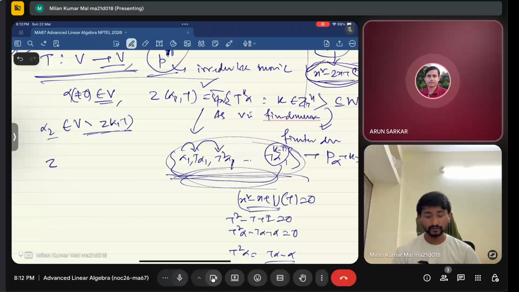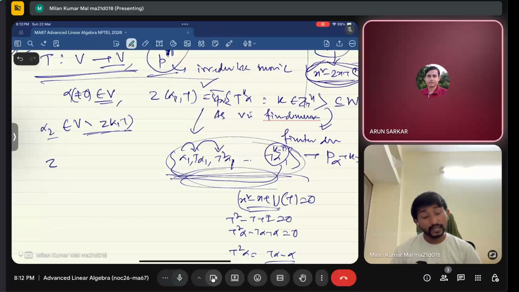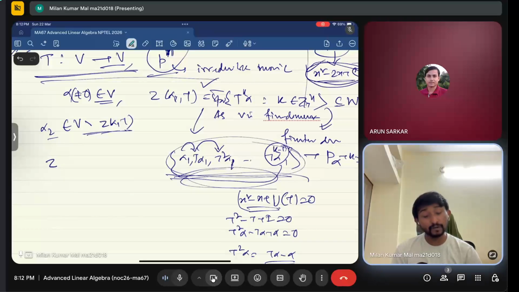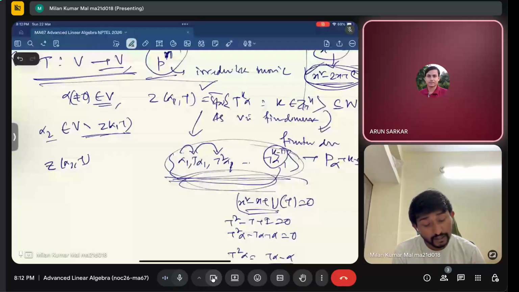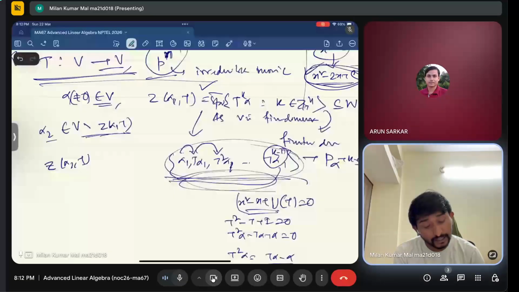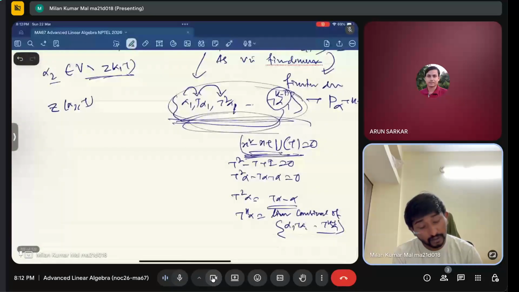That will go up to some power. That power may vary. That power depends on alpha 1, right? Because the minimal polynomial is the biggest, but it can be lower. The minimal polynomial is a polynomial which will send every alpha to 0. But there may exist a smaller degree polynomial which will send only this specific alpha to 0.